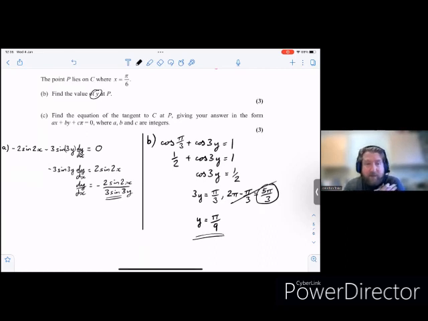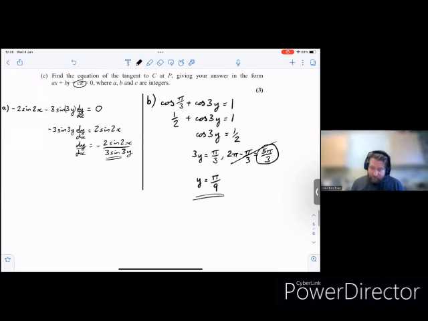Now for part C, find the equation to the tangent at P, giving your answer in the form, there we go. It is, we want our constant term there in terms of pi.